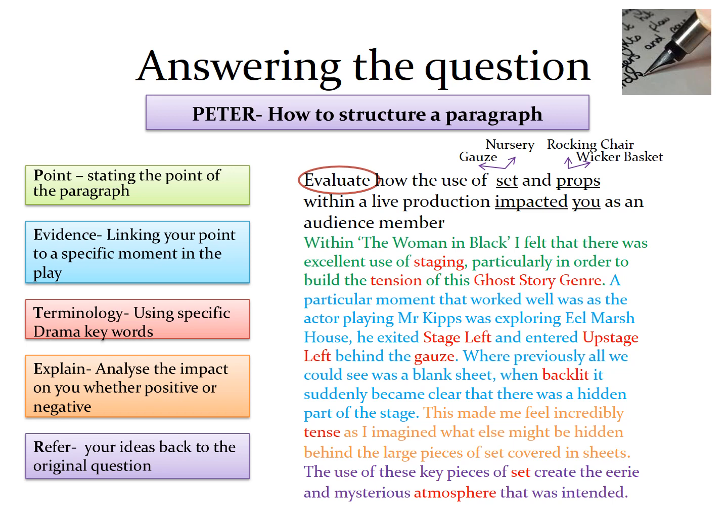When backlit, all of a sudden it became clear that there was a hidden part of the stage. You then, because the question is asking you how this impacted on you as an audience member, have to analyze the impact on you, whether this was positive or negative. This made me feel incredibly tense as I imagined what else might be hidden behind the large pieces of set covered in sheets.